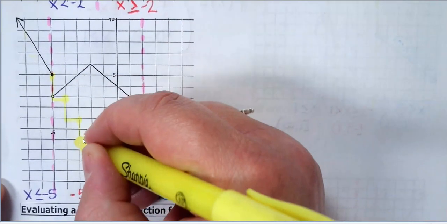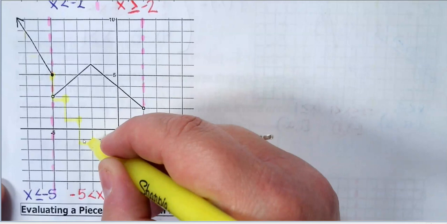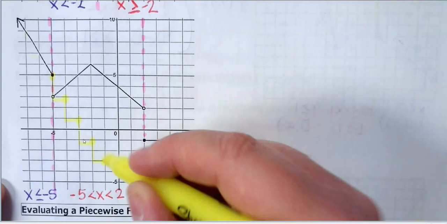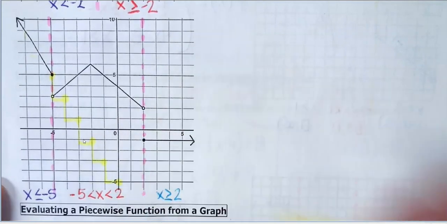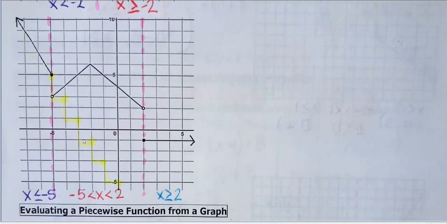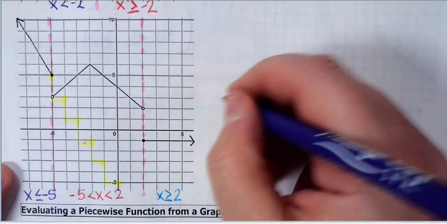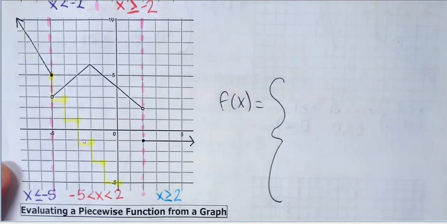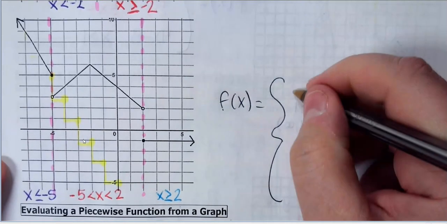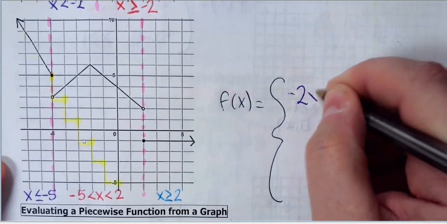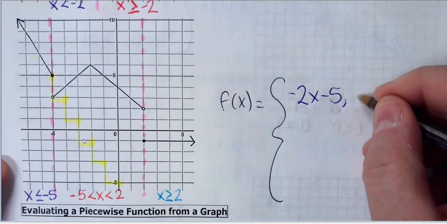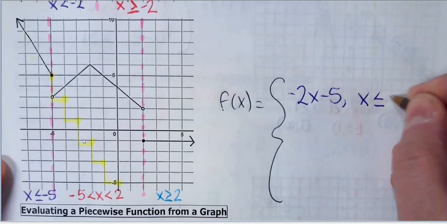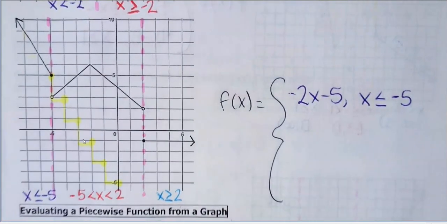I promise I'm not going to give you anything that doesn't cross the y-axis in a nice spot. So if I just keep doing that all the way down, it should cross at -5. So to the side here, that first piece should just be -2x minus 5, and that's for the x values on the left side, or less than or equal to -5.